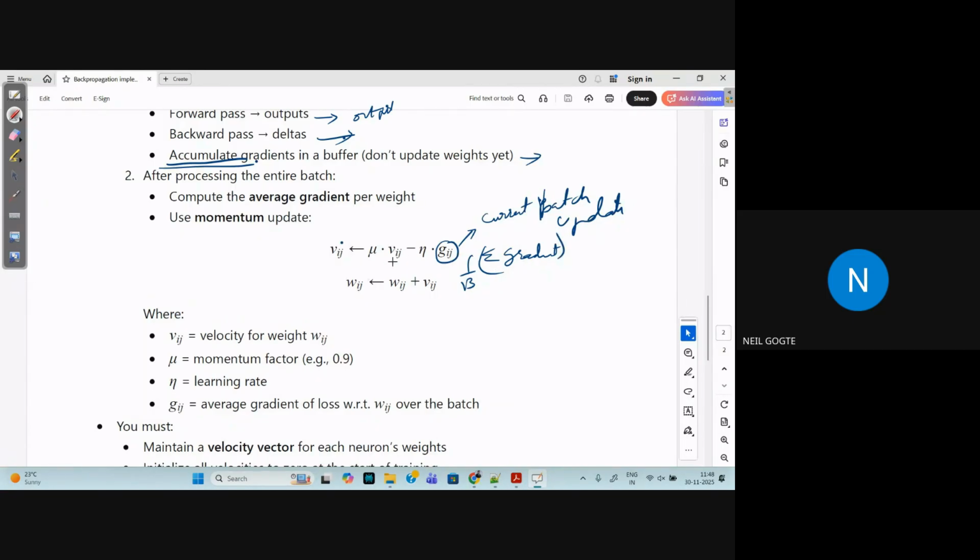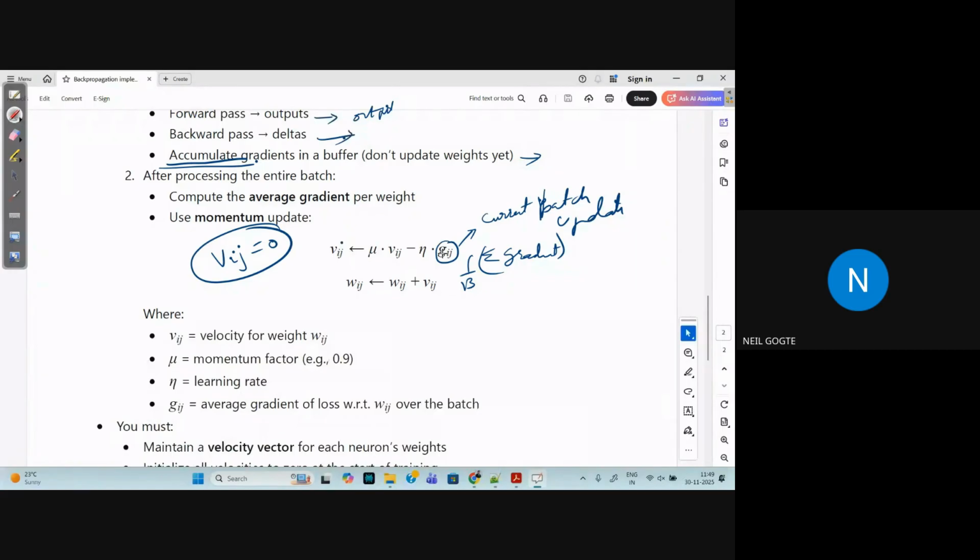Normally our weight change, which we normally use the equation, there is no momentum. So Vij is equal to 0. If you take these equations, I am sure you know that much maths. If you make Vij equal to 0, or you make mu equal to 0, it really doesn't matter. So you make mu equal to 0, that means you have no momentum. So if mu is 0, then our equations are exactly what you are using.